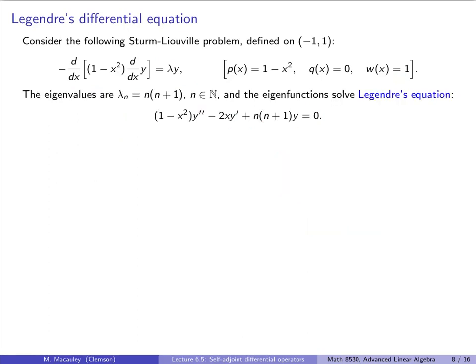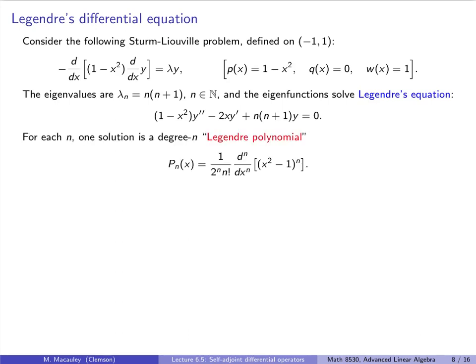It can be shown without too much trouble that for every natural number n, that is 0, 1, 2, etc., we have an eigenvalue, lambda n, which is n(n plus 1). And the eigenfunctions solve this equation where if we plug n(n plus 1) back into here and simplify, we get Legendre's equation that I showed you on the previous slide.